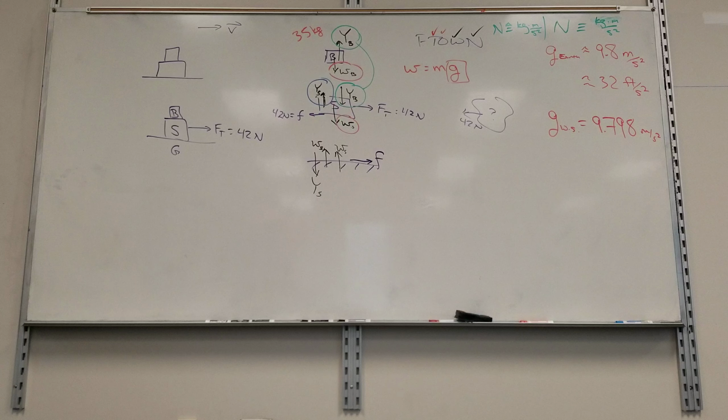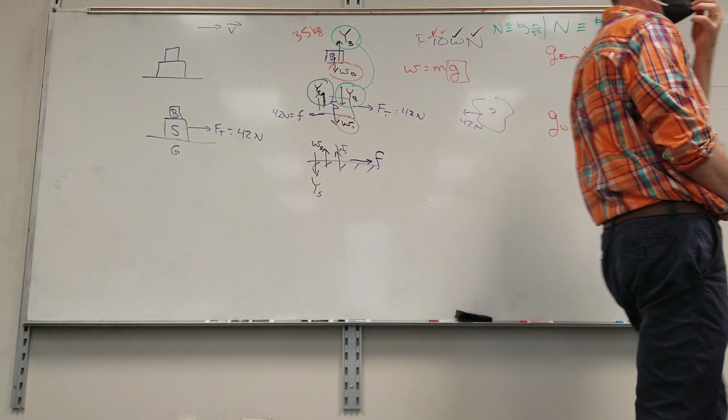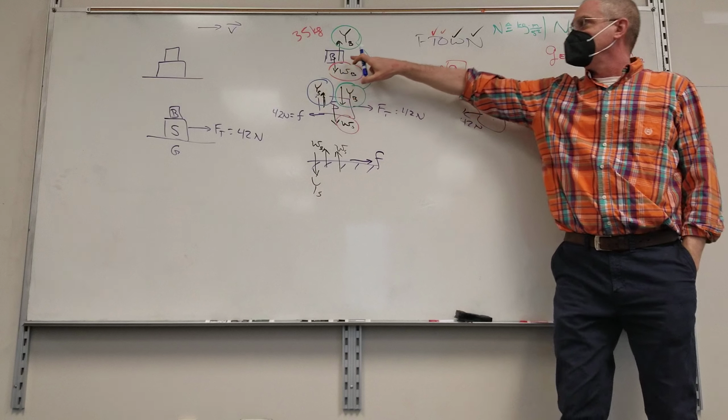Would it be 35? No. Would it be 400? No. There are a couple of different questions thrown out in the air there. So no to the question that I think I'm asking. All right.